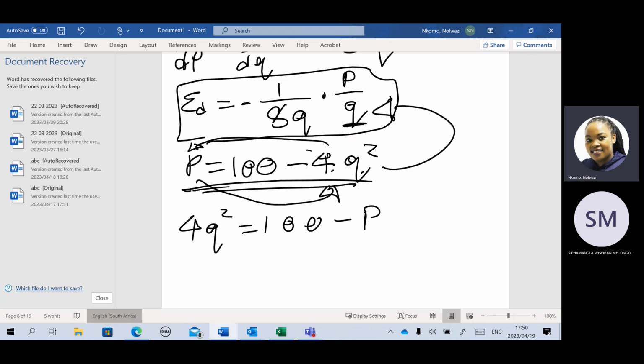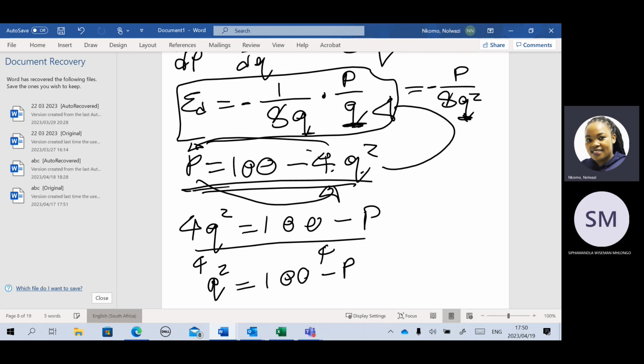Remember, the elasticity is minus P over 8Q squared, because I have Q times Q. So from here, I can solve for Q squared and substitute back. I will divide by 4 on both sides, and I'll have Q squared equal to (100 minus P) over 4.